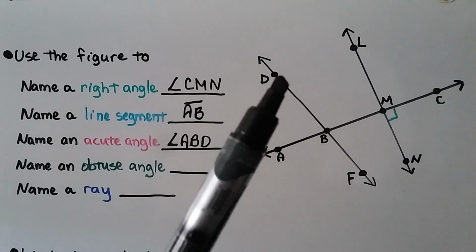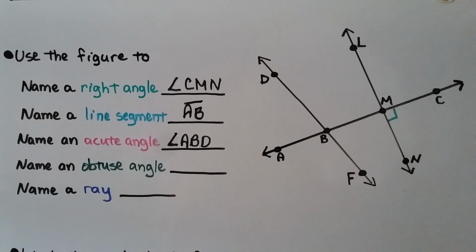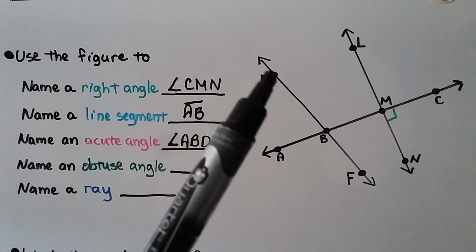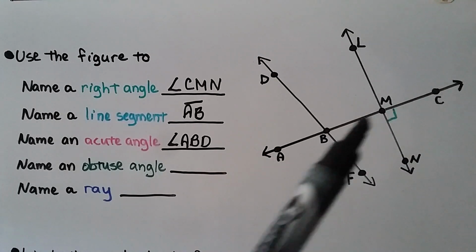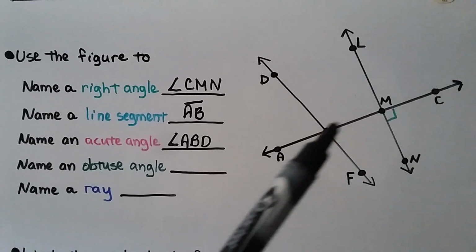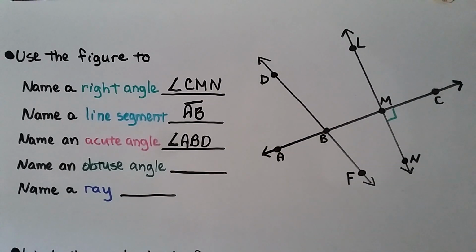We can choose angle DBM, and the B would be the vertex. We could also call it angle DBC, and we ignore this point and say that that's the angle. We could even do that. Can you follow that with your eyes? Angle DBC.